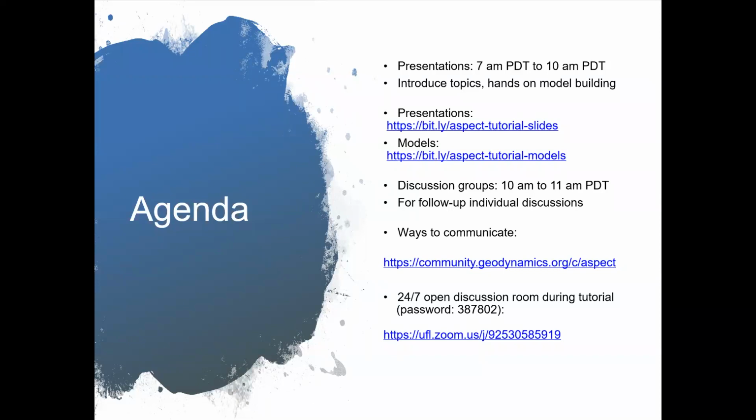So if you are only here to see the tutorial about how you would do something in Aspect, then you don't need to participate in the discussion groups. But if you are here to use Aspect further after the tutorial, or if you have a specific project that you want to work on, then it's likely useful if you stick around, and we will form these little groups so that you can help each other, and we will also be available to help in these groups.